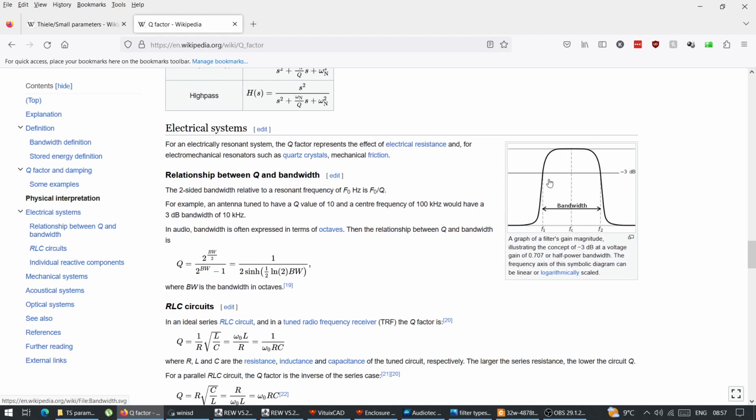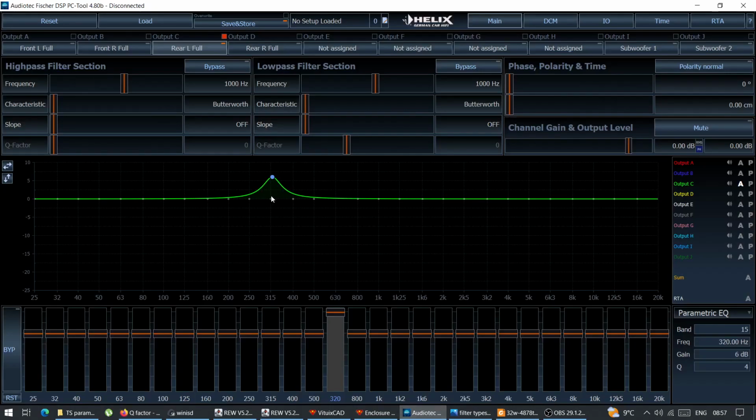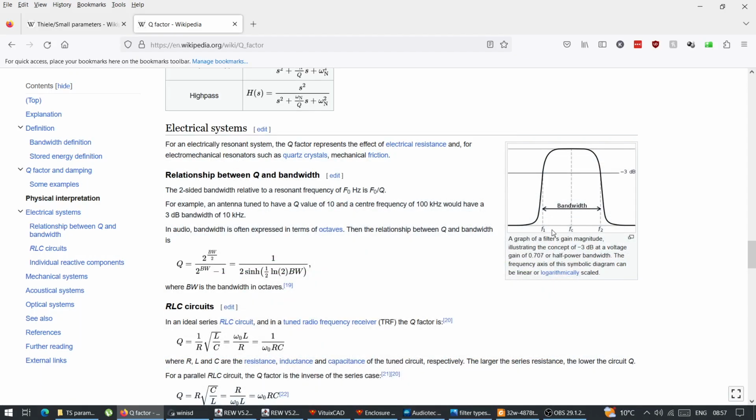You have a hump, the same as I have here in EQ. I have a central frequency, which is 320 hertz. And then you have these minus 3 dB points. If you take one frequency minus the other one, you have the difference in those frequencies. Basically you take the central frequency and divide it by that difference.